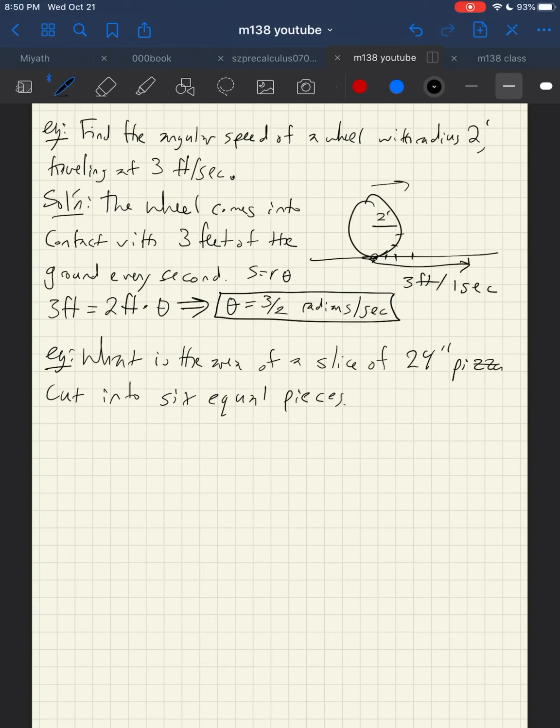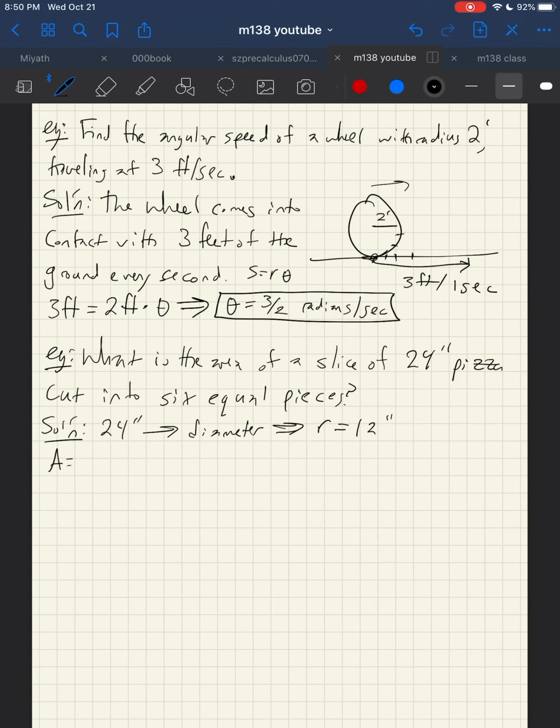Now we have to be careful here, because when I go to the pizza place, if they sell me a 24-inch pizza, what does that 24 inches correspond to? Well, the 24 inches is the diameter of the pizza, so our radius will be 12 inches.